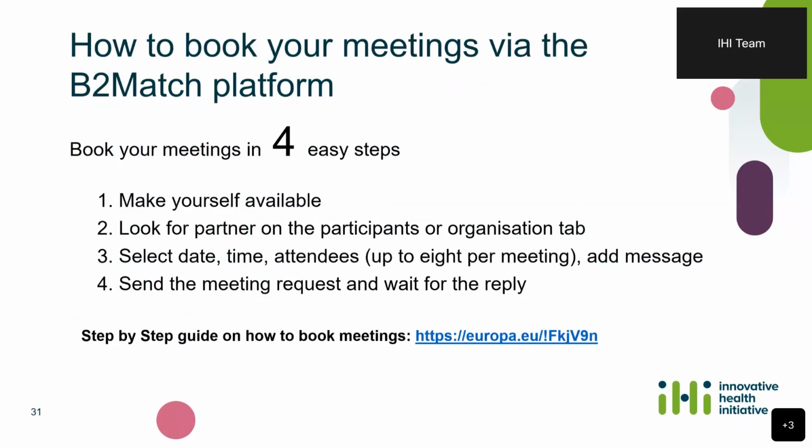First of all, go to your profile and check that your availability is on. Make yourself available, then look for partners on the participants or the organization tab and select date, time, and attendees. You can go up to 8 per meeting and add messages. Then you send meeting requests and wait for the reply.